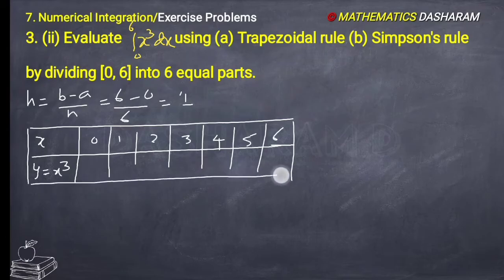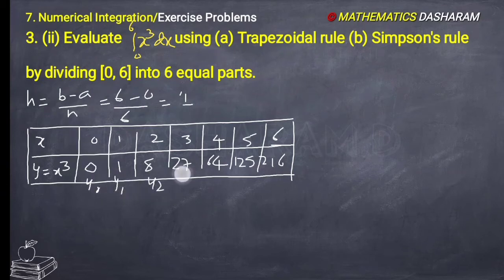Now let's find their respective y values. For x equals 0, the y value is also 0; x equals 1, y is 1; x equals 2, y is 8; then 27, 64, 125, 216. Now take these as y0, y1, y2, y3, y4, y5, y6.